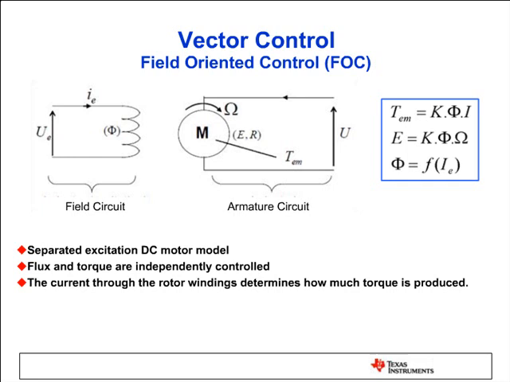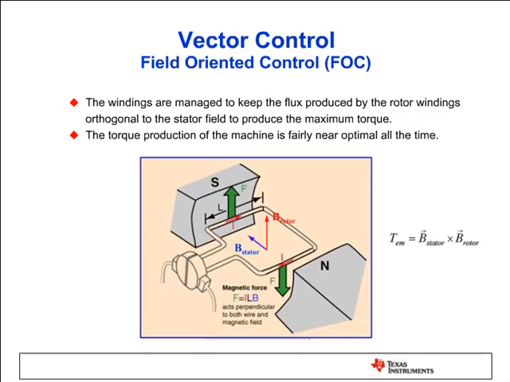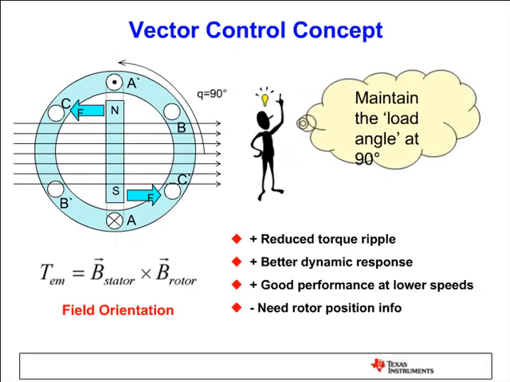Again, as I mentioned earlier, we'll try to keep the blue stator vector and the red rotor vector orthogonal to each other to maximize the torque production. The benefit of vector control is that the torque ripples are minimal, and the dynamic performance is almost perfect because we control both the torque generation and the flux generation independently.